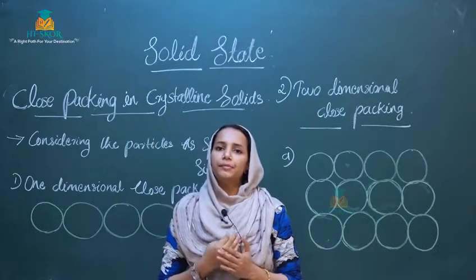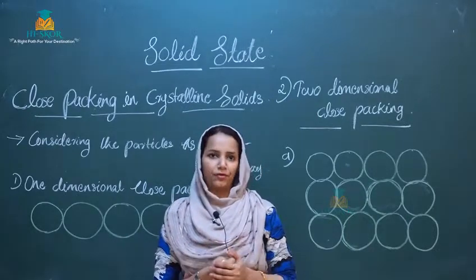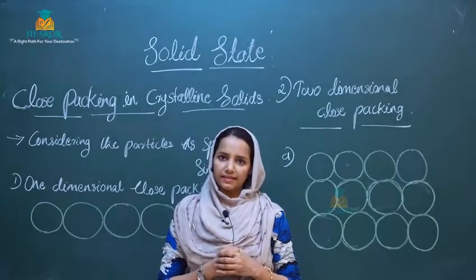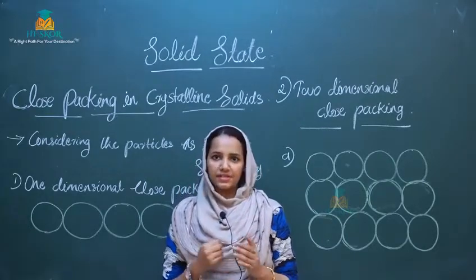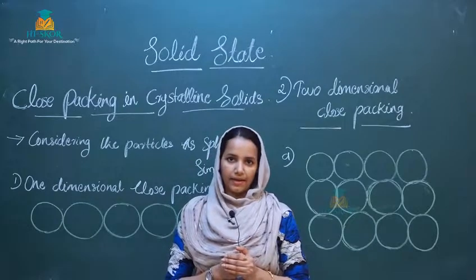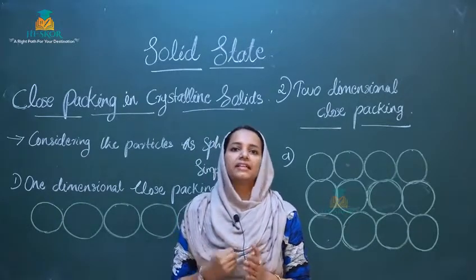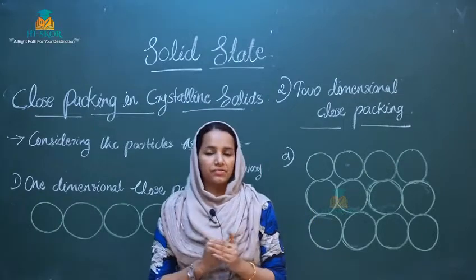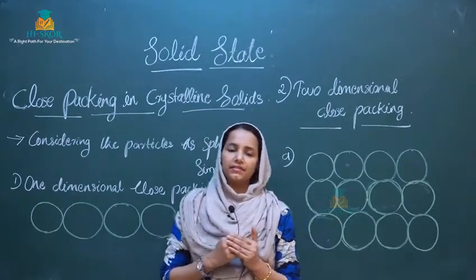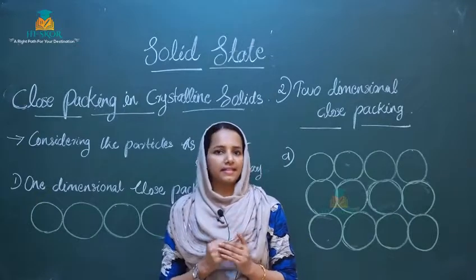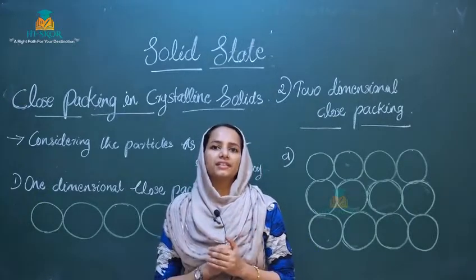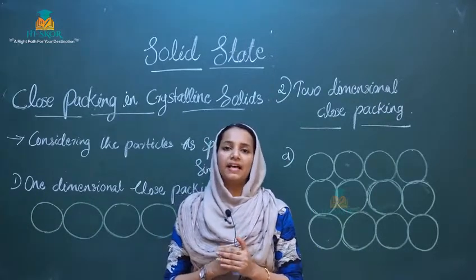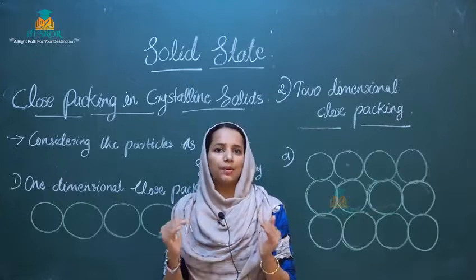Now we have to assume a shape for the particle. To get the particles more closely packed, we have to assume a perfect shape. For our convenience, we are considering the particles to be in the shape of spheres. What kind of spheres? Rigid, incompressible spheres of equal sizes.